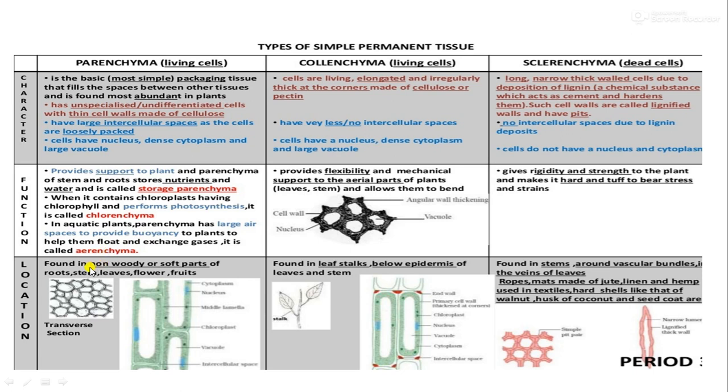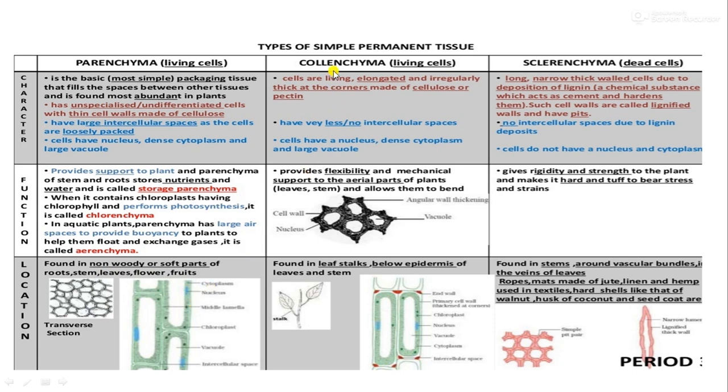Then where are they found? Location in plant: found in the non-woody or soft parts of the roots, stem, leaves, flowers and fruits. They are present in all parts of the plant. So this is the transverse section and this is the longitudinal section. These diagrams I will show you afterwards, clear diagrams.